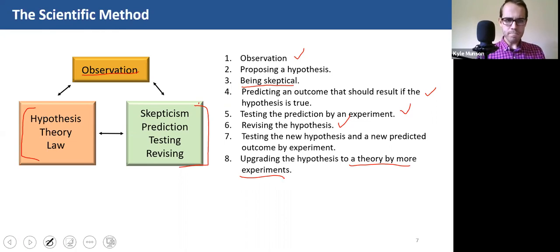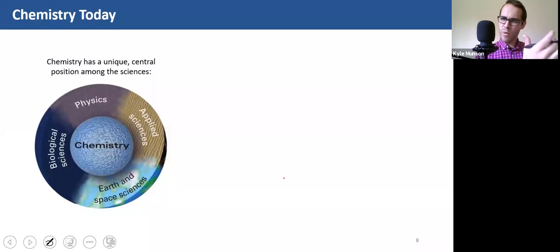Now, we go from the 1700s to today, and chemistry has grown a lot. I would argue that chemistry has a unique position in science, in that it intersects with many different areas like biology, physics, applied sciences, and earth and space sciences.